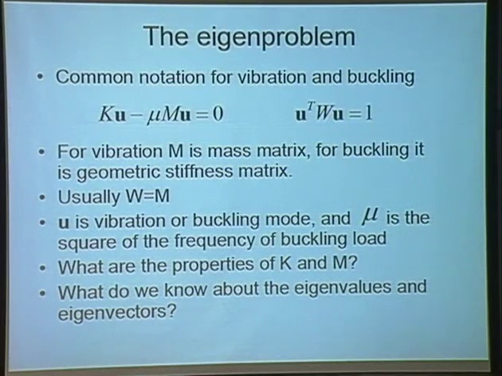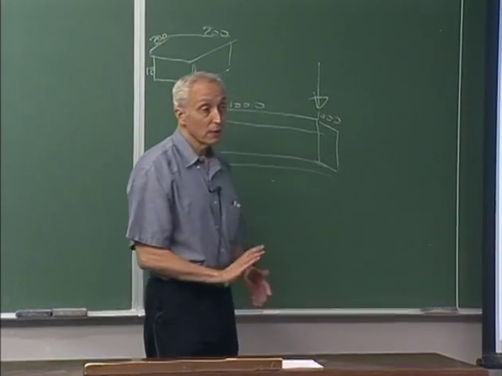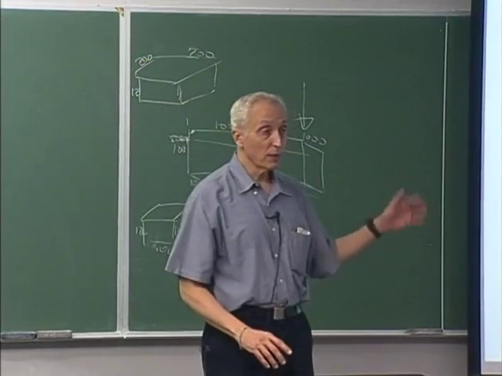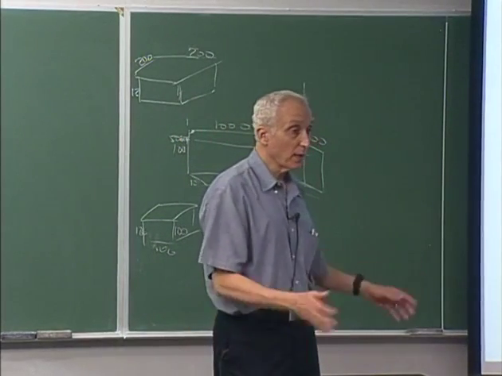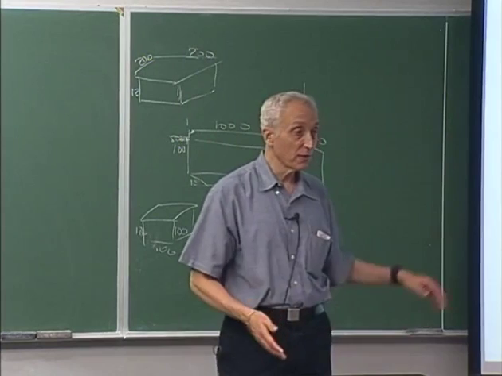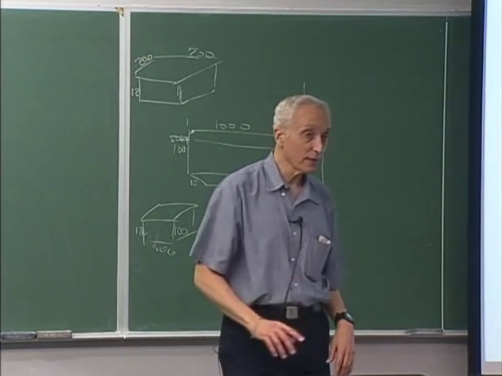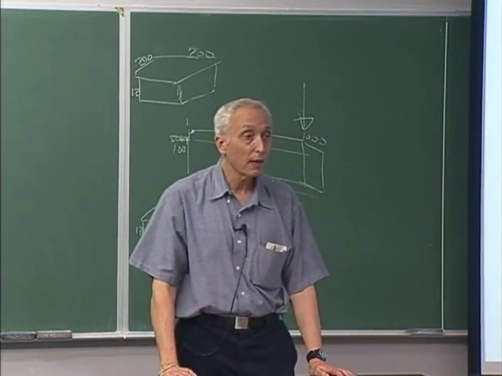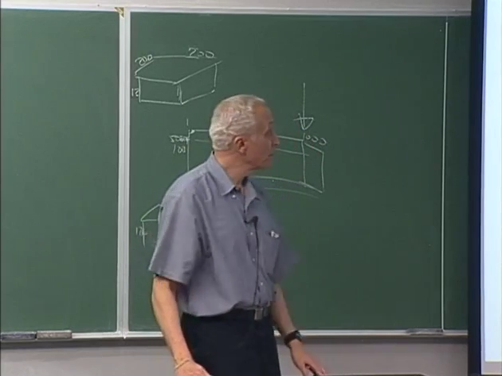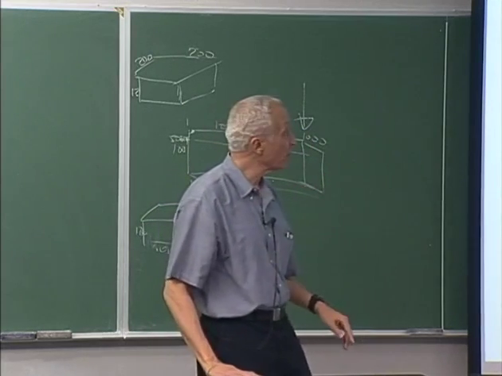And the reason is that you can have loads where some panels in the structure are in tension and some are in compression. So for example, if you have a beam and you apply this kind of a load, think about it as a wing. For load in this direction, the lower skin of that beam will buckle, and for load in the other direction, the upper skin will buckle. And so μ could be either positive or negative.